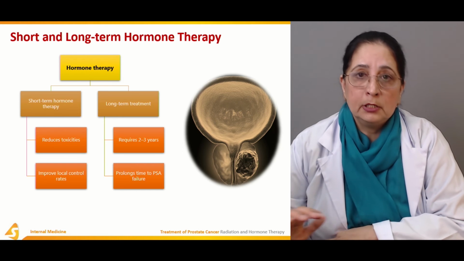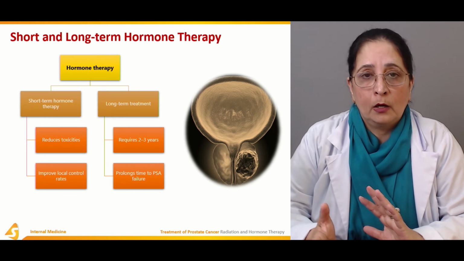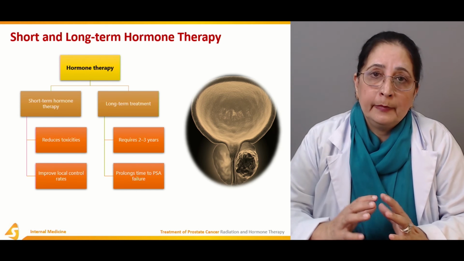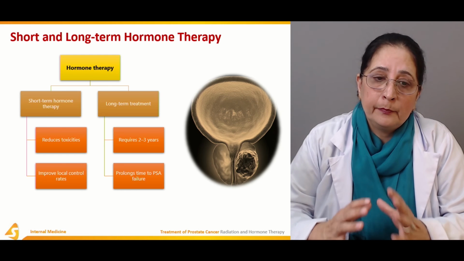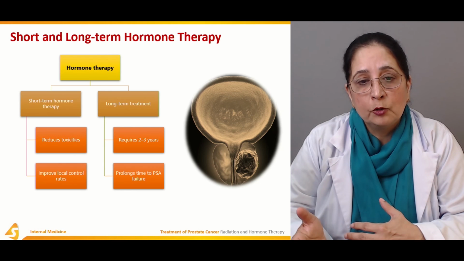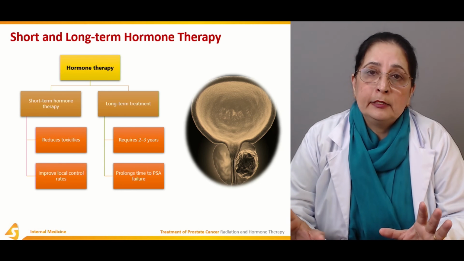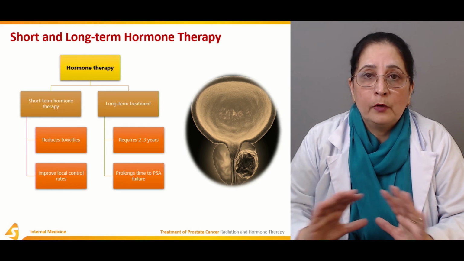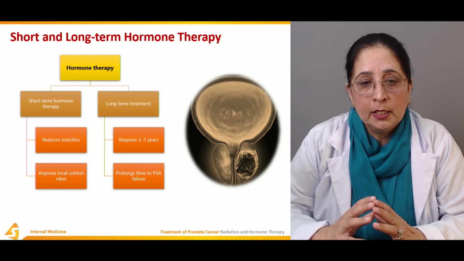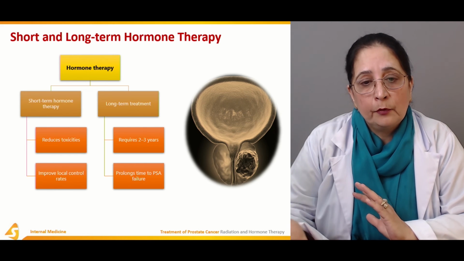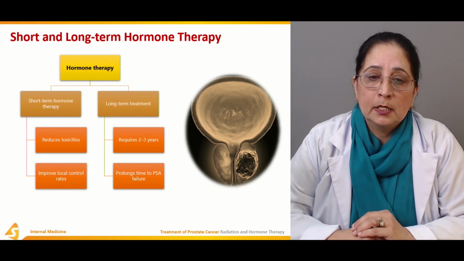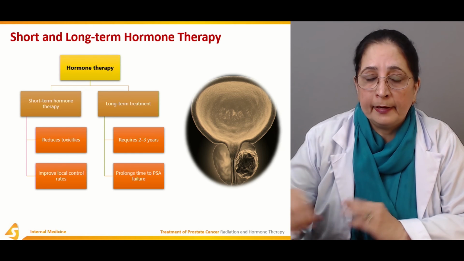So short term, it reduces the toxicity and improves the local control. The long term is required over a period of 2 to 3 years, and it prolongs time to prostate specific antigen failure.